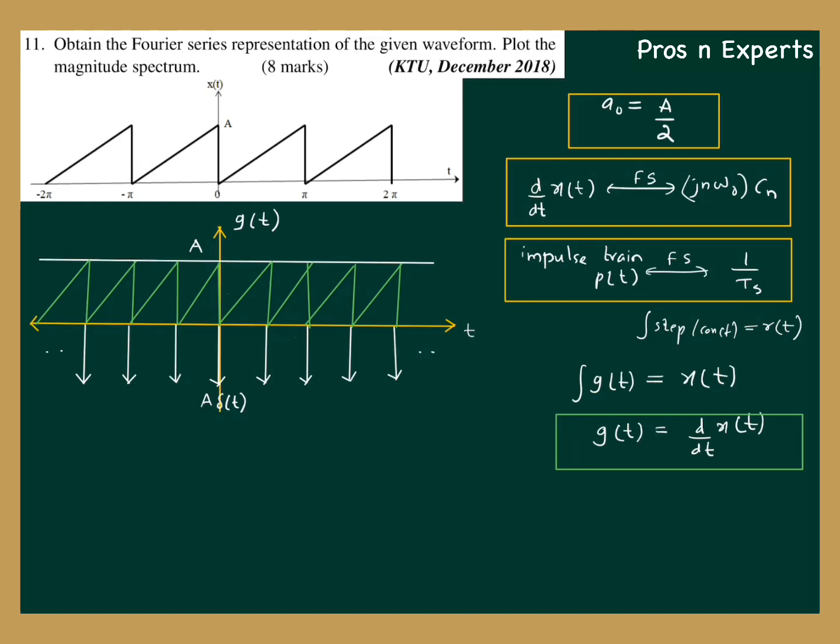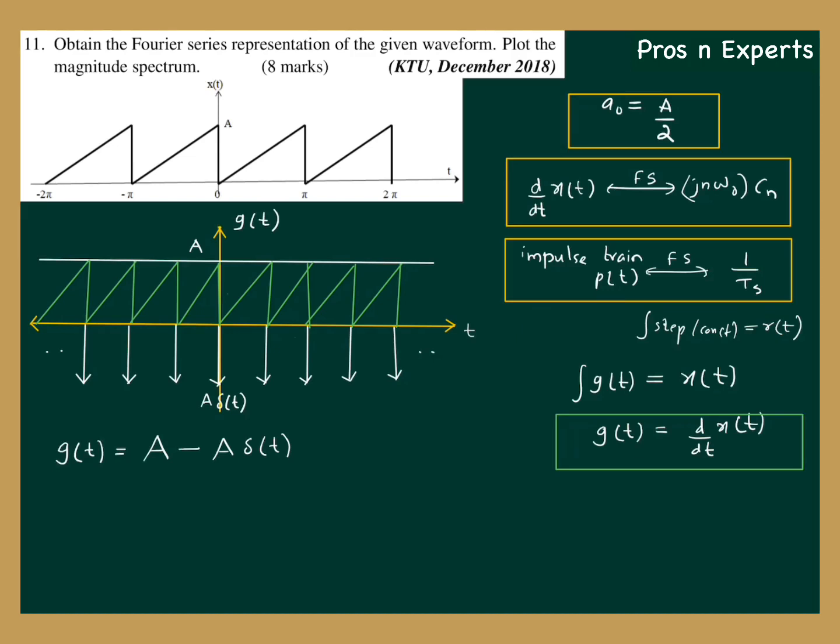So what is g of t? How can you mathematically express g of t? G of t is the white colored signal, not the green one. The green one is x of t itself, the sawtooth signal. I'm asking about g of t. G of t has a DC version A, minus inverted del signals.